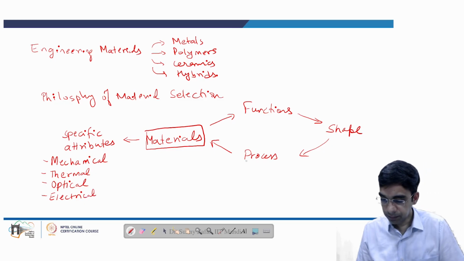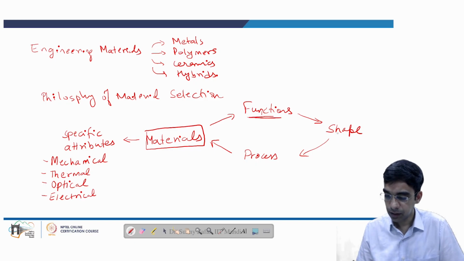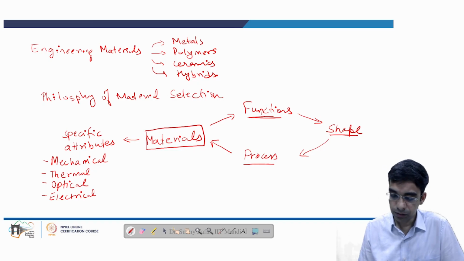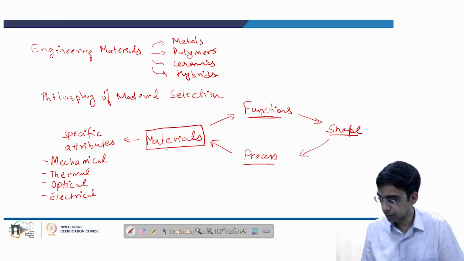So this interplay between these important aspects like functions, that is what is the end function, determines the shape of the product. Shape of the product determines the manufacturing process. Also the consideration is towards the specific material attributes as we have discussed.